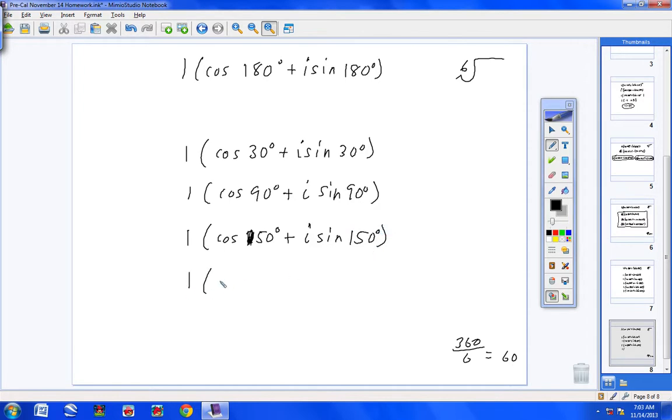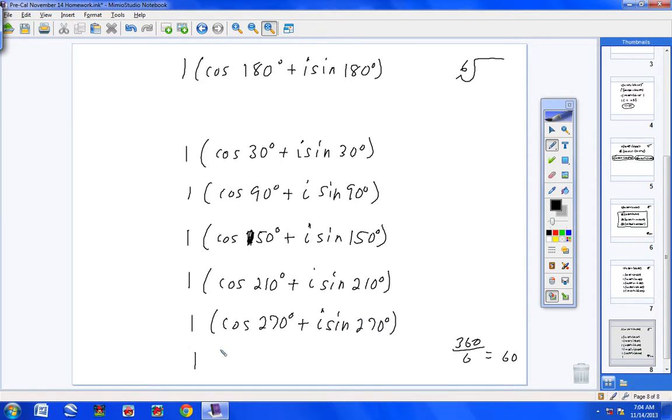And then we're going to add 60, that'll be 210, so cosine of 210 degrees plus i sine of 210 degrees, and then 1 cosine of 270 degrees plus i sine of 270, and then 1 cosine of 330 degrees plus i sine of 330 degrees. Okay, so there's our 6 answers.